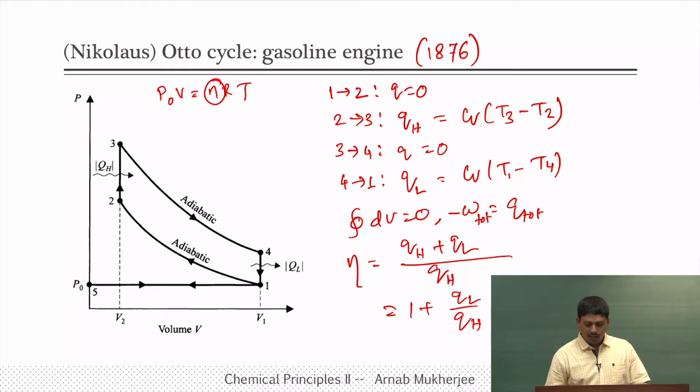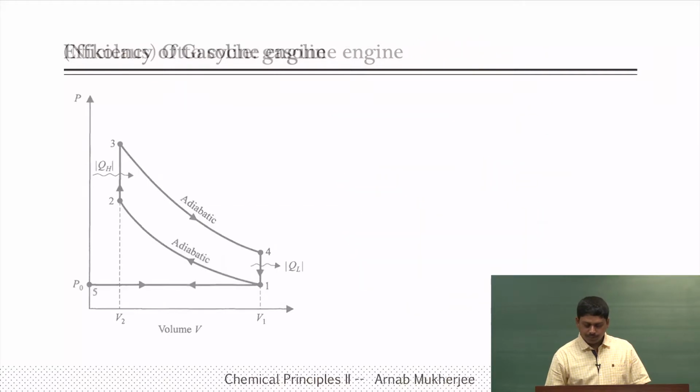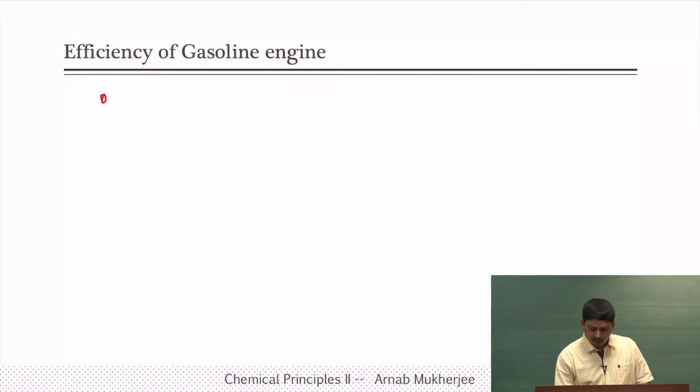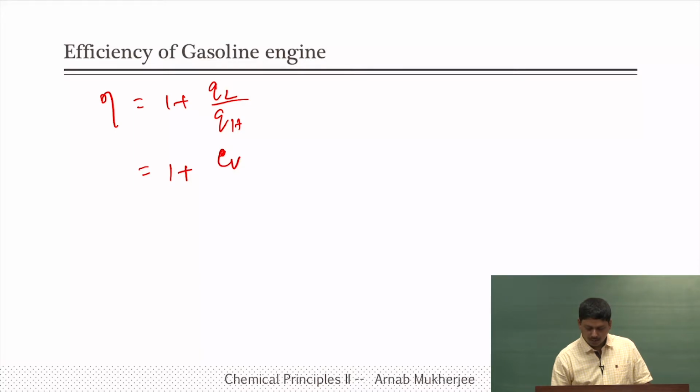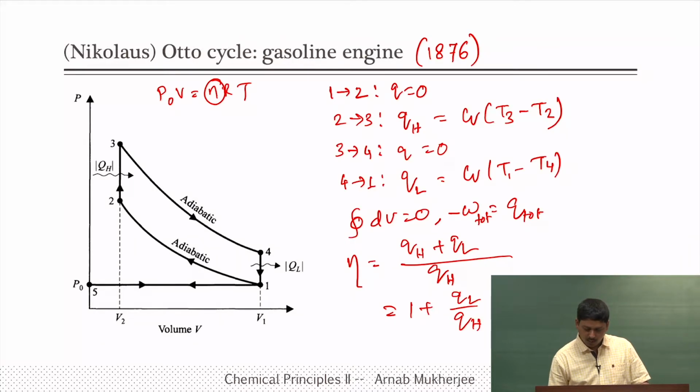Now, here there are 2 adiabatic steps. So, no heat is taken in and out. So, it turns out that we can write that as 1 plus QL by QH. Now, what will be the value of that? So, eta is 1 plus QL by QH, and we know that QL is CV. Let us go back and see what is the QL.